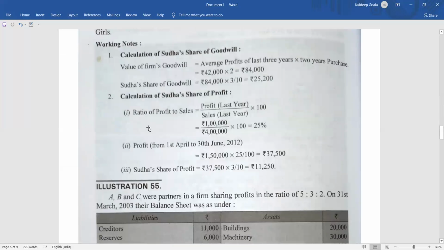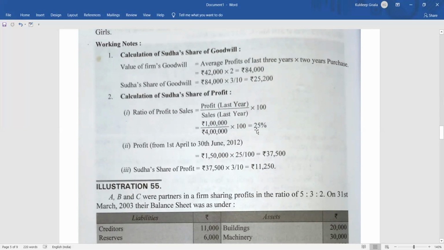So we can see that profit for the last year was 1 lakh and sale was 4 lakh. So what was the percentage? 25%. So 25% was the profit percentage of last year. So obviously same will be this year also. For 3 months, 1,50,000 was the sale, so 25% of that will be the profit for this year.